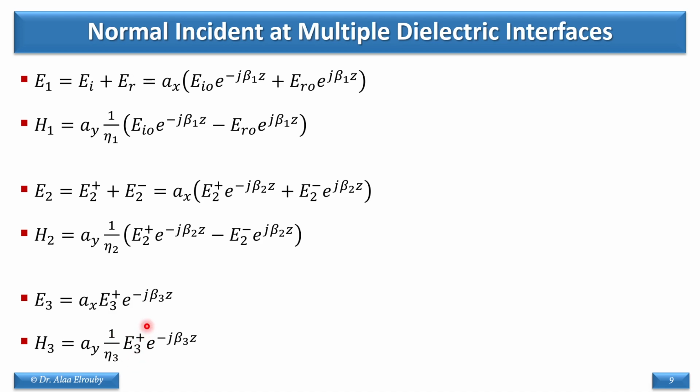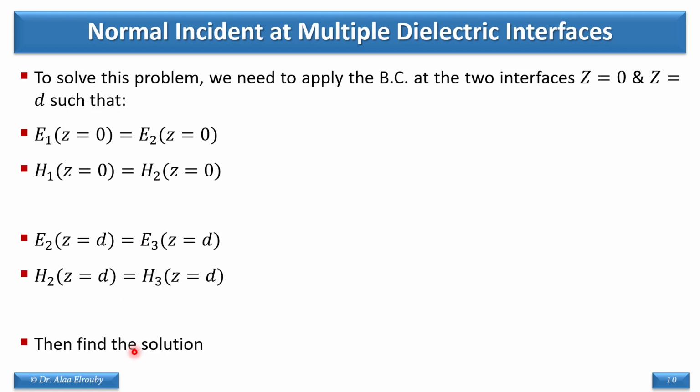We have 4 unknowns, 1, 2, 3, 4, and we have 2 boundary conditions, one at Z equals 0, one at Z equals D. We need to equate the tangential component of the electric field at the 2 interfaces, and equate the tangential component of the magnetic field at the 2 interfaces.